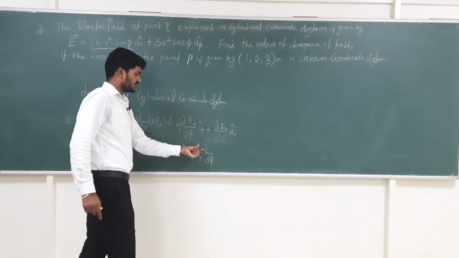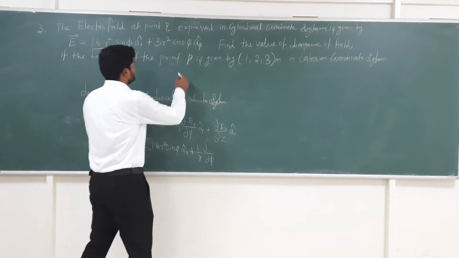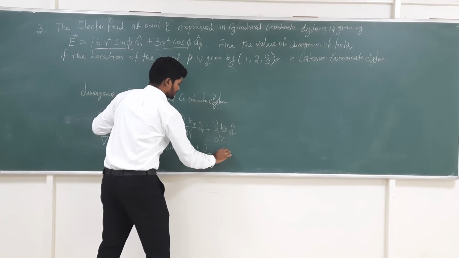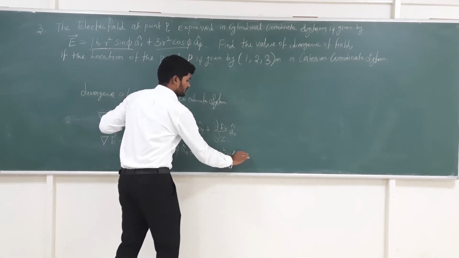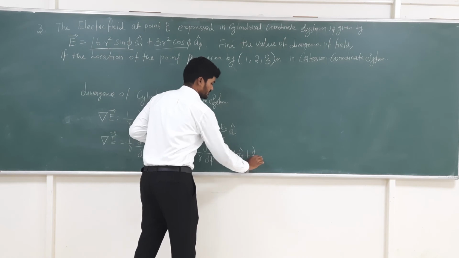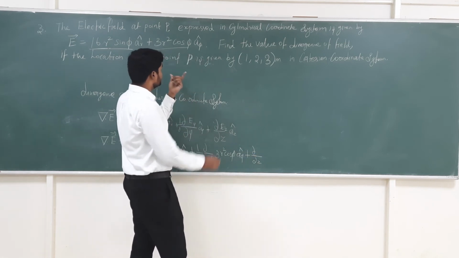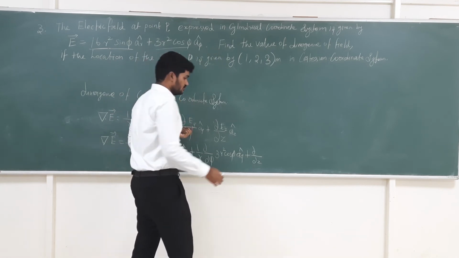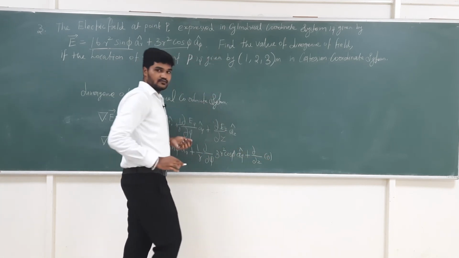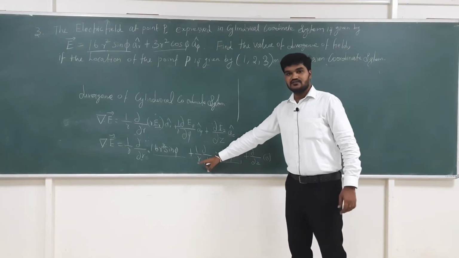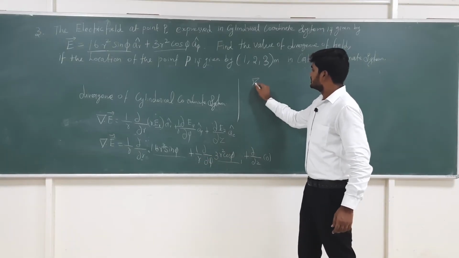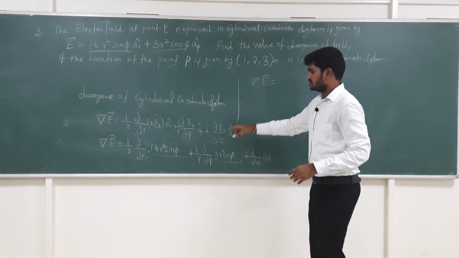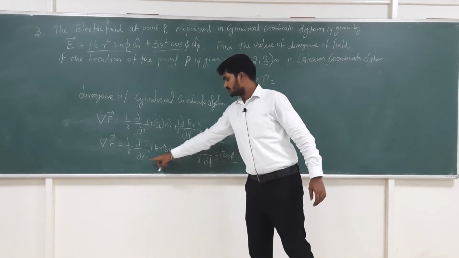Now substitute the magnitude value in the φ direction: 3 r square cos φ a_φ. Then ∂/∂z: there is no z direction value in the given field, so this value becomes 0.